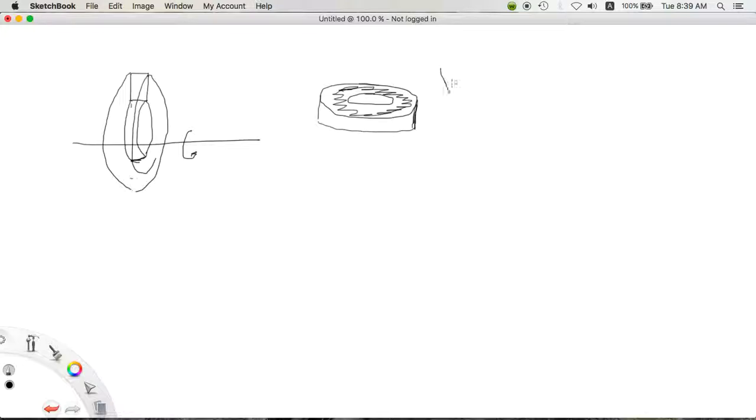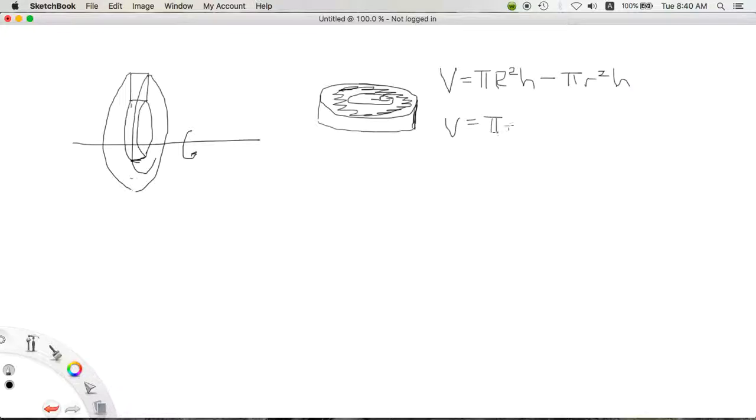So when you want the volume, what you've got to do is take the total volume of the big one, so you've got your pi r squared h, and then minus, if you use a little r for this small part, pi r squared h, like so. So you have the big cylinder, and then you take out the smaller cylinder, and it gives you the volume of a washer.